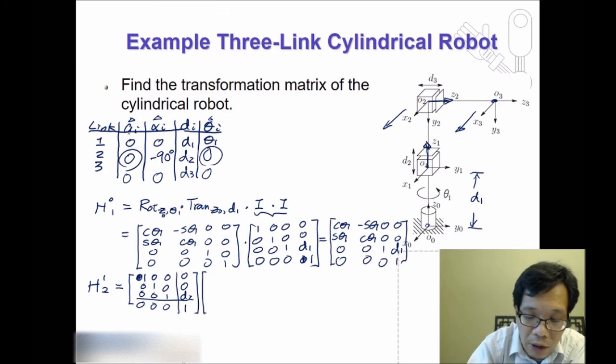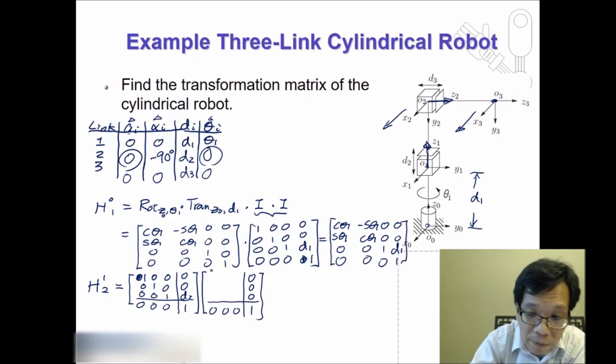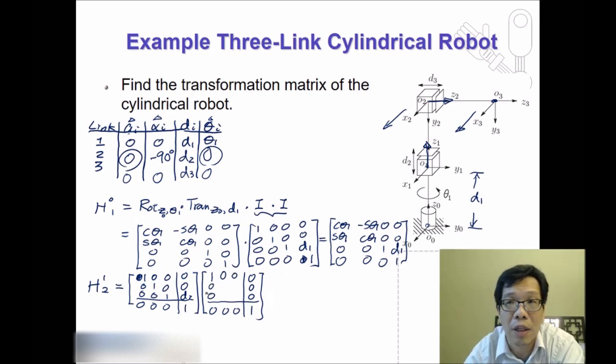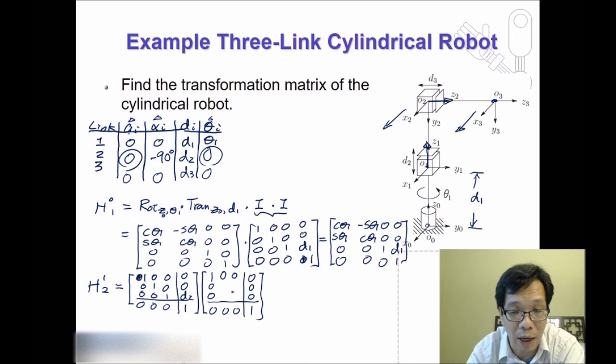Then the second one over here, let's use this one as 0 0 1 0 0 0. This time the alpha is going to be negative 90 degrees. It's along the x direction, so it must be something like this. If you go back to the slide we have in module 2, we can actually identify those parts with cosine and sine alpha for those four components.